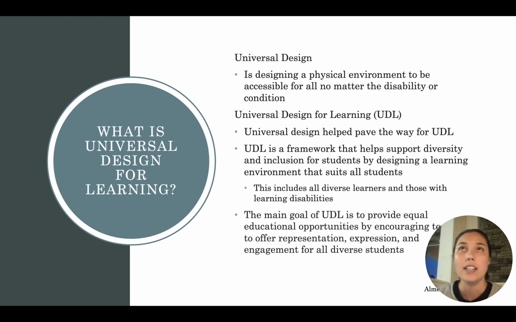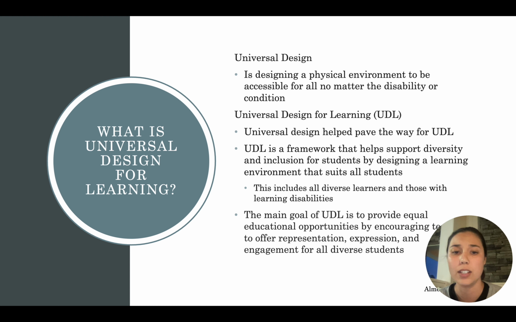And then taking it to universal design for learning, you're taking what universal design has already done by making an environment accessible to all and applying it to learning. So UDL is a framework that helps support diversity and inclusion for students by designing a learning environment that suits all students.